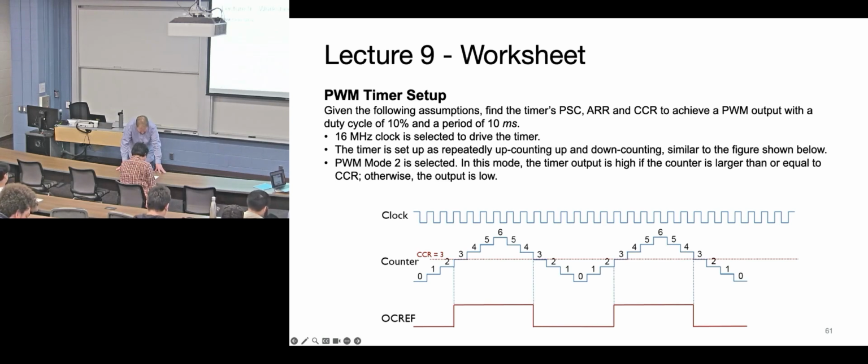I think if it's in that particular mode, 3 is not low, so that would make it. I don't know why. And then your prescaler has to be prescaler plus 1. Well, here it's also rising edge. It's rising edge and it reaches 3, and then it goes low. Here it's a rising edge and it reaches 3, and it goes high.